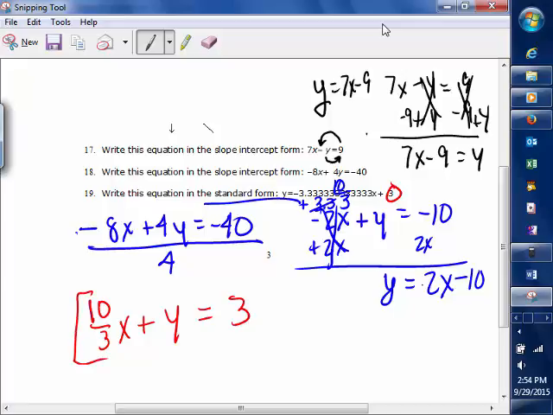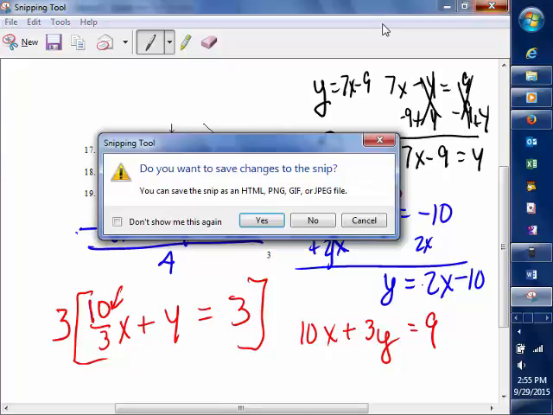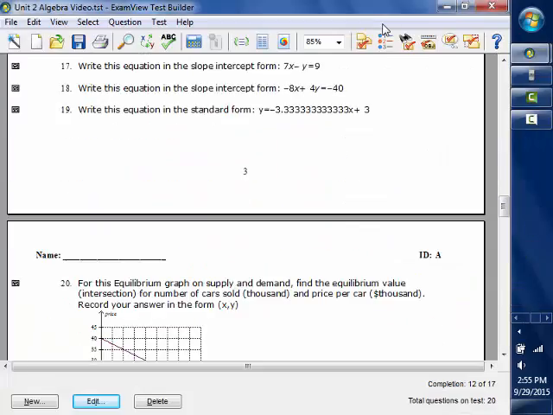Multiply everything by 3, because this number has to be a whole number or an integer. So we get 10x, multiply the whole thing by 3, plus 3y equals 9. Next one.